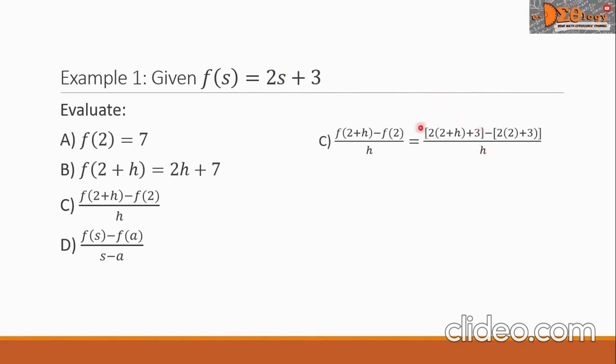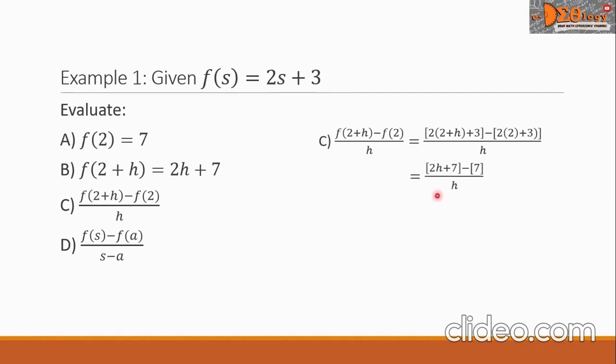Actually, we solved this already, and this is the answer, letter B. And for the second function, we have the answer already in problem A. We can simply substitute the values of A and B respectively.